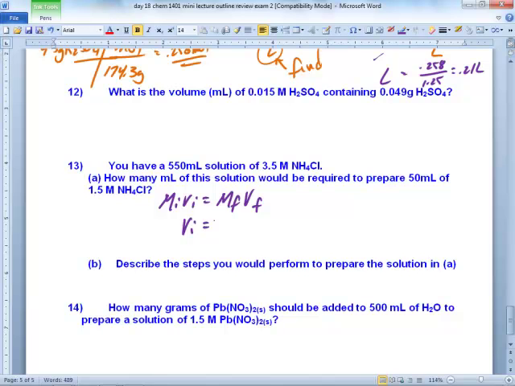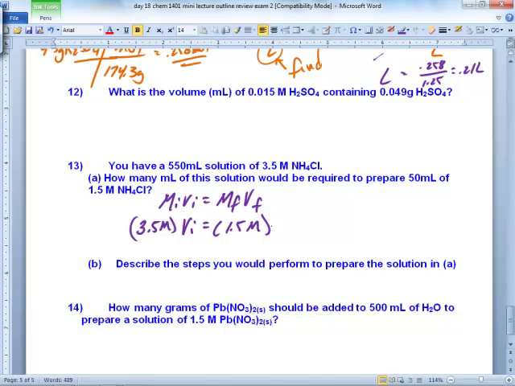The 3.5. A trick to doing it is what you're going to prepare are always the finals. The final is always a smaller big M because it's dilute. That's another hint. But you have the 3.5 big M. And the final, so that has to be the 1.5 big M.